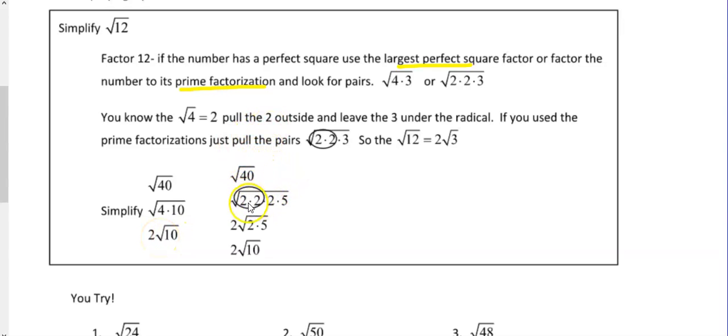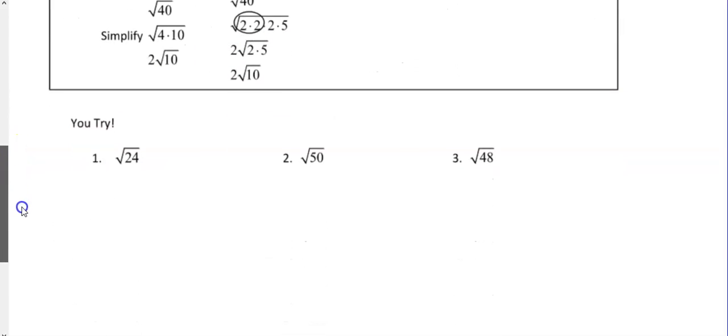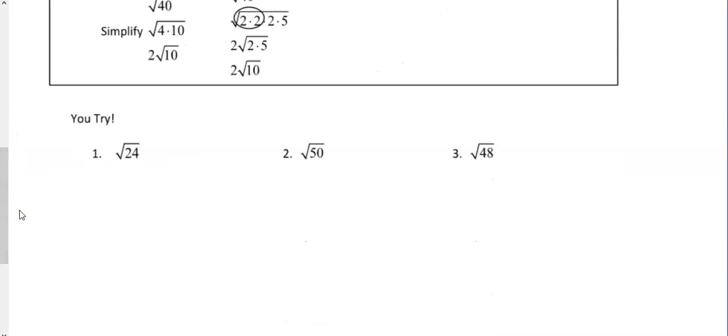If we do the factorization, we have a pair of 2's, which we pull out, we're left with 2 times 5, which is 10. So either way, we come out with the same answer. What I would like for you to do now is pause the video, take a moment, and simplify these 3 square roots.